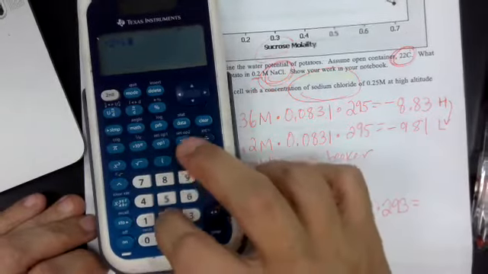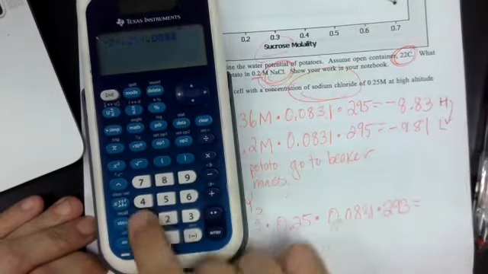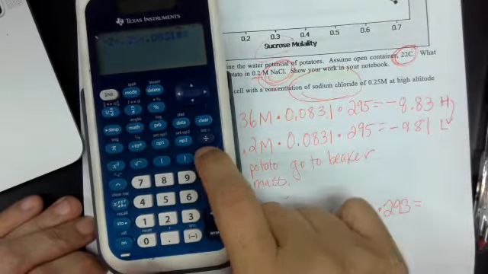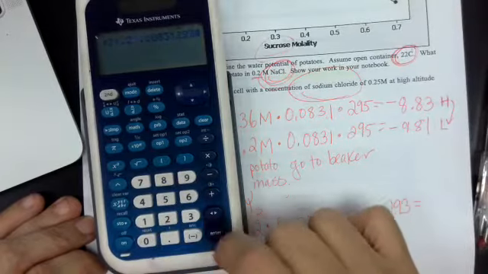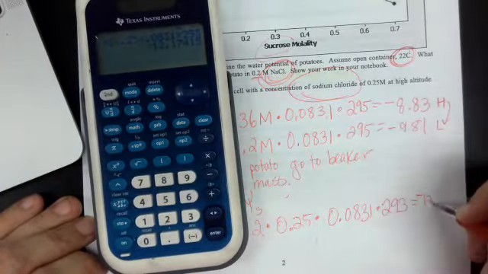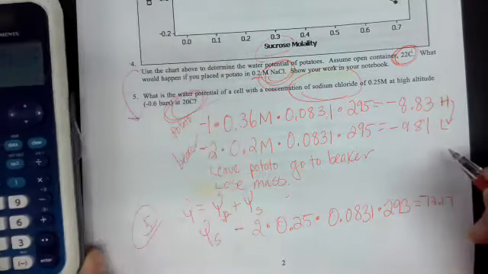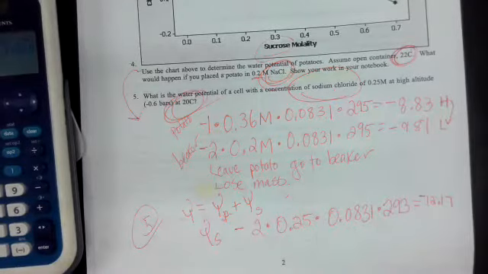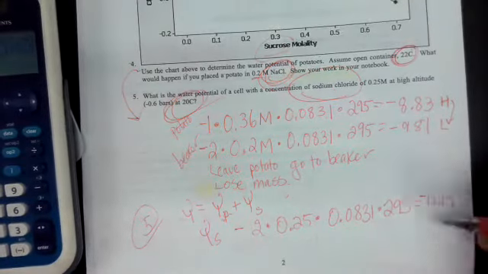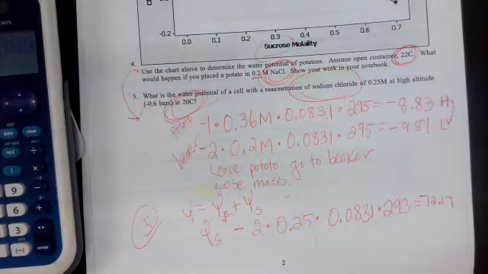Times 0.25 times 0.0831 times 293 is equal to negative 12.17. So that's for this here. However, we have to add to this the pressure potential, and that's also negative.